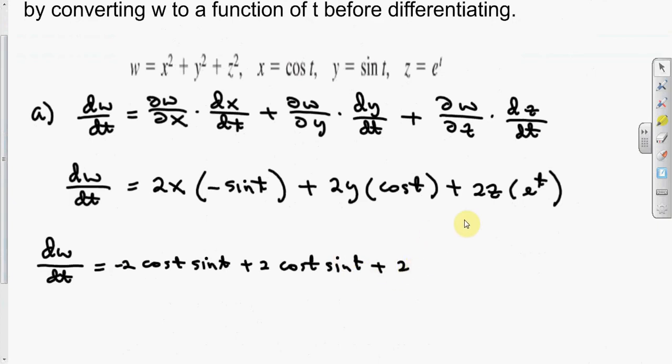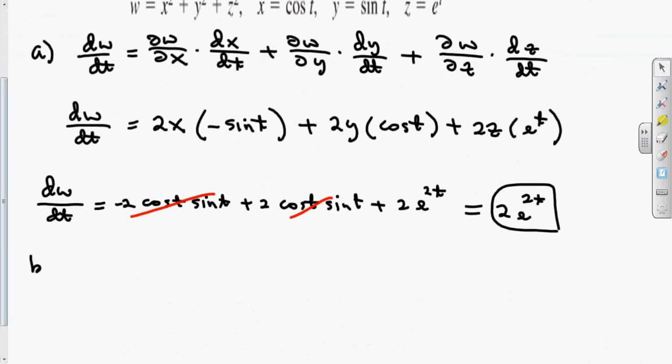Z is e to the t times e to the t. That's e to the 2t. Well, the first two terms cancel out, right? Because they're opposites. That's all you have there, just 2 times e to the 2t. Is everybody happy with that? Okay. So now let's do part B.